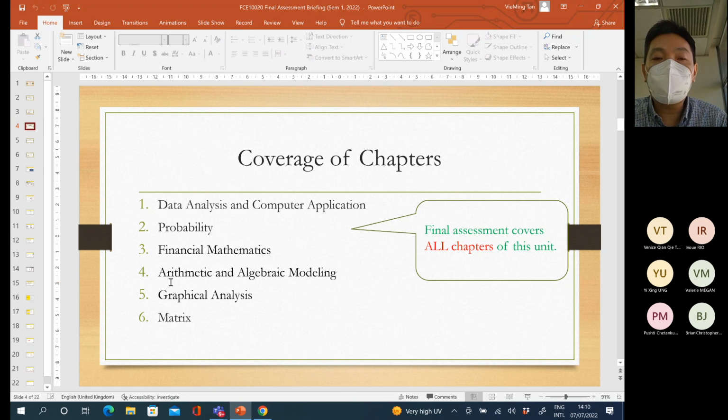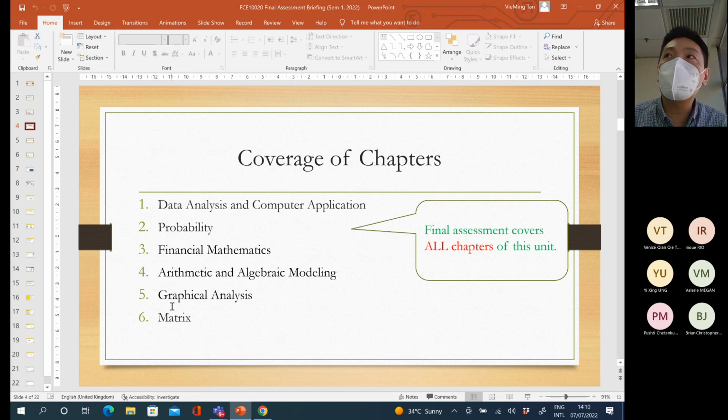Then chapter 4, we have the basic arithmetic and algebraic modeling. Chapter 5 is on how to form the linear equation. Make sure that you know how to form the linear equation, and how to solve the problems that involve 2 linear equations simultaneously in order to get the x and y values. And lastly, how to apply the simultaneous equation concept into the break-even analysis to identify the break-even level of production and also the break-even level of income.